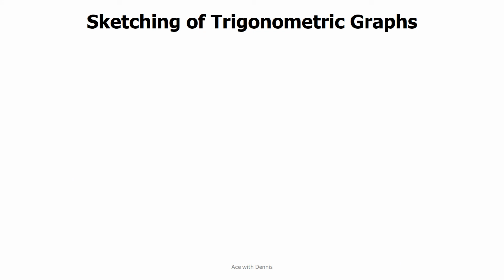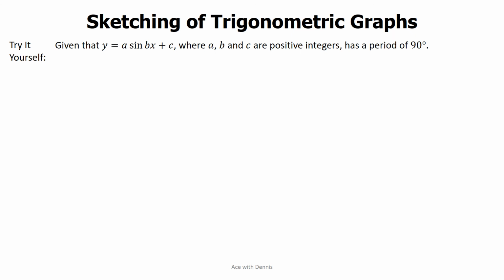Okay, now you can try this similar example yourself. Given that y equals a sine bx plus c, where a, b, and c are positive integers, has a period of 90 degrees. Number 1, state the value of b.